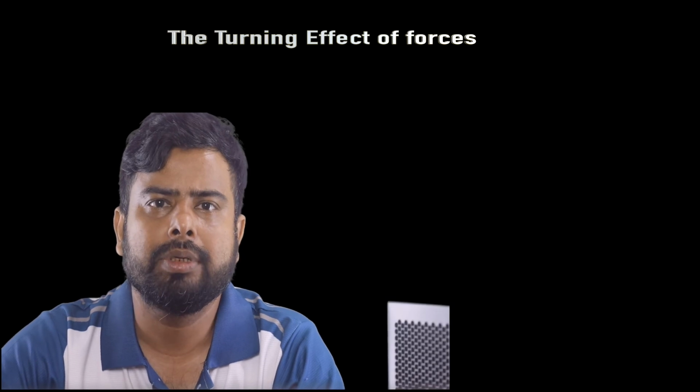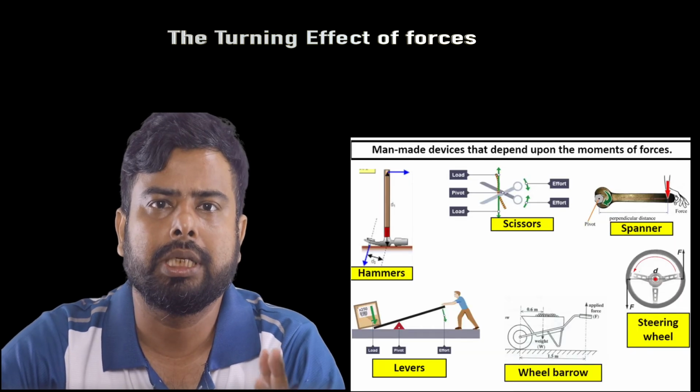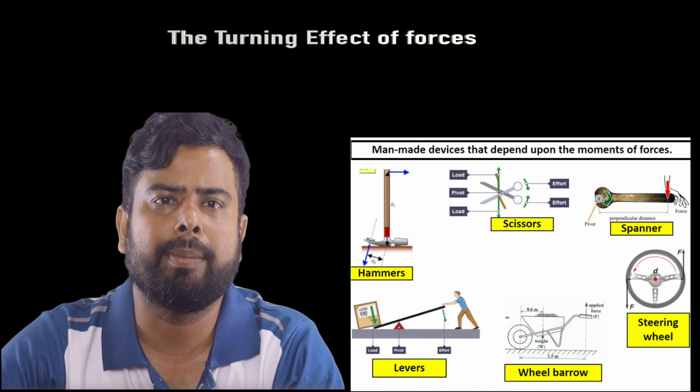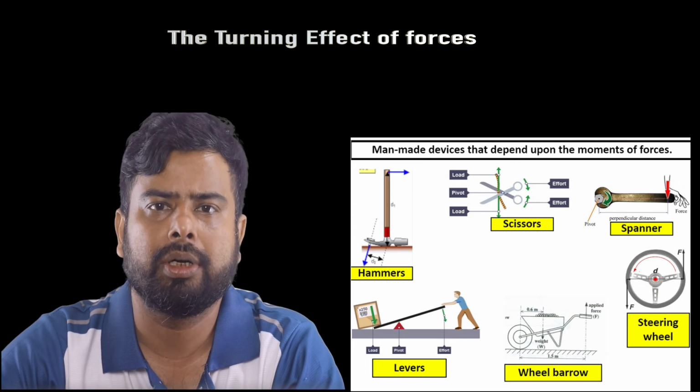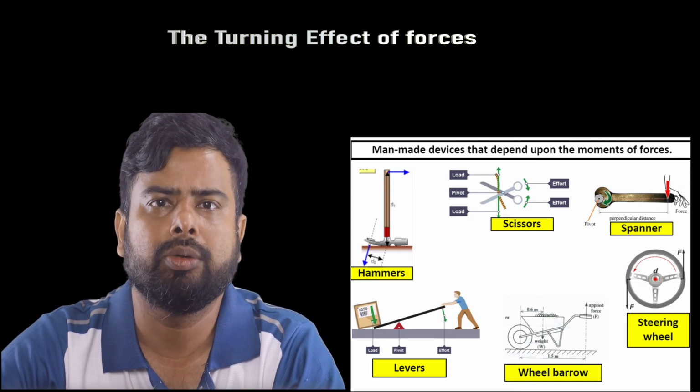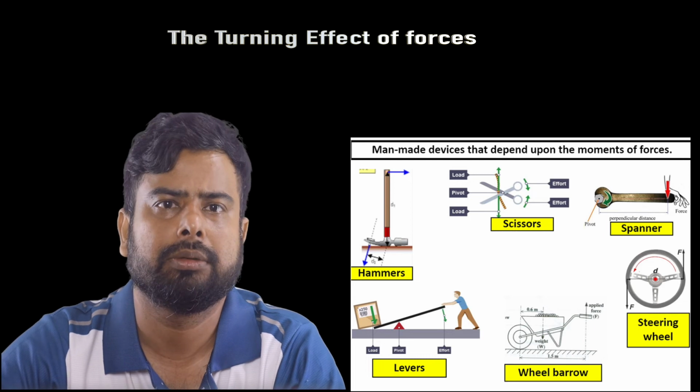Look at the diagram. This is a scissor. Some examples of turning effect of force: hammer, lever, wheelbarrow, steering wheel, scissor, spanner.